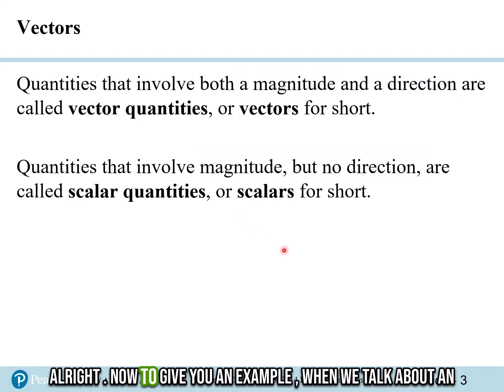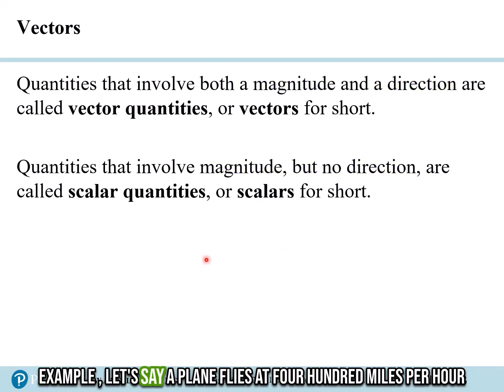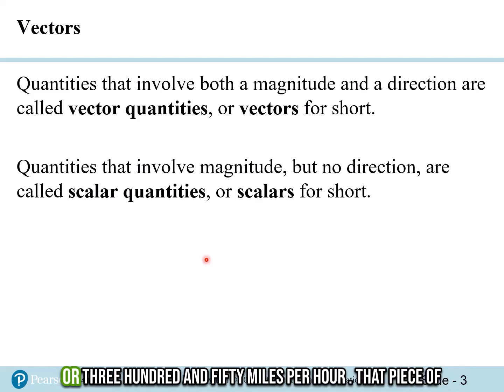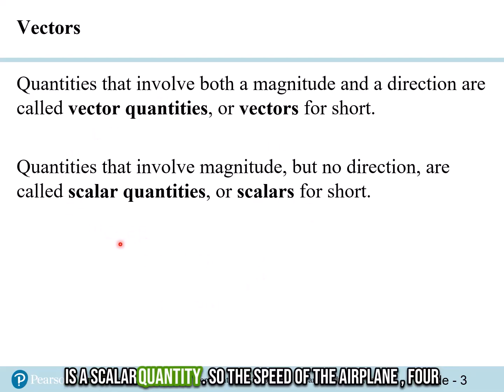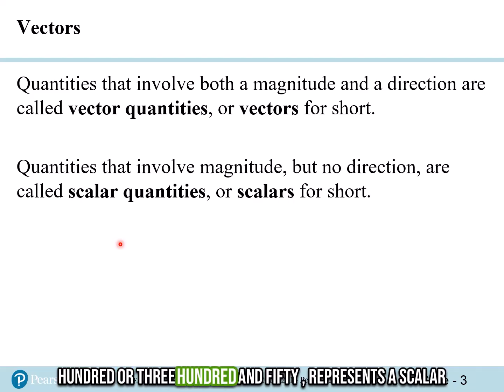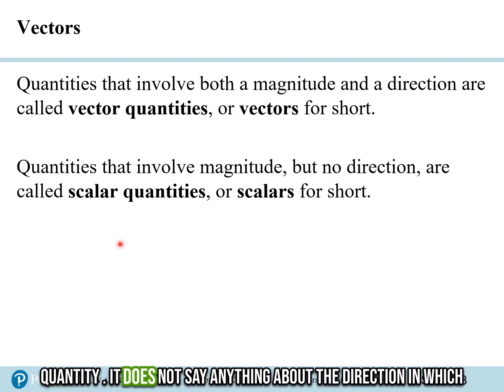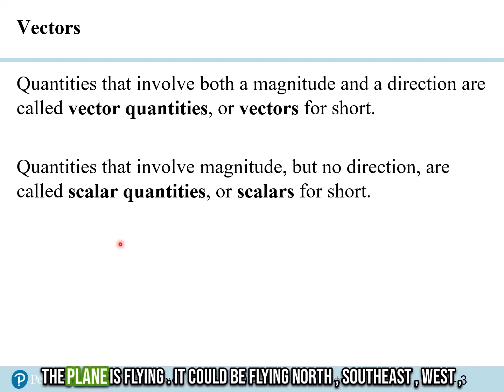All right. Now, to give you an example, let's say a plane flies at 400 miles per hour or 350 miles per hour. That piece of information is a scalar quantity. So the speed of the airplane, 400 or 350, represents a scalar quantity. It does not say anything about the direction in which the plane is flying.